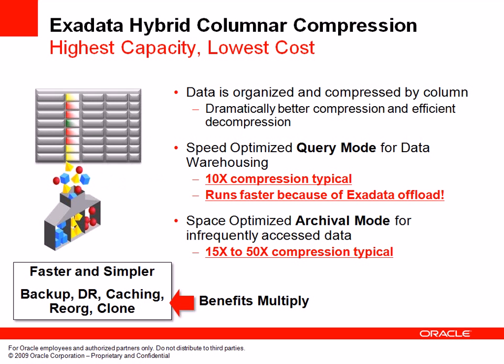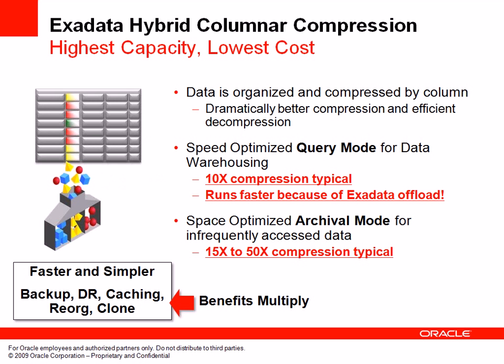As the name implies, the compression is based around a different organization of data. We organize data not by rows, but by columns. So we have something called a compression unit, and it's multiple blocks. When you're loading data, all the values for one particular column are stored together, then all the values for another column, and all the values for another column.